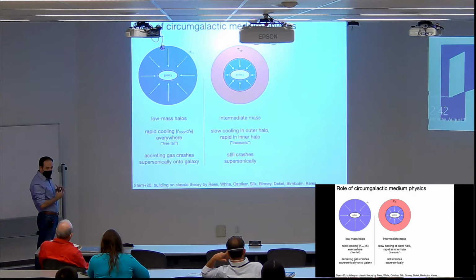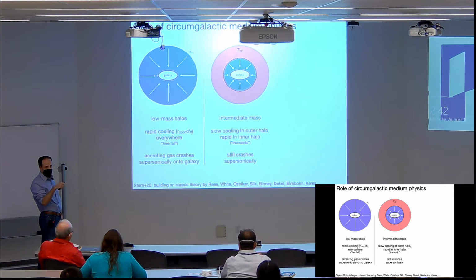And then as the halos grow, it turns out that the CGM virializes on average from the outside in, meaning that you first develop an envelope of hot gas at the larger radii in halos. But for a while, you still have a supersonic infall at the center, because for generic gas profiles in dark matter halos, the ratio of cooling time to free fall time increases from the inside out.